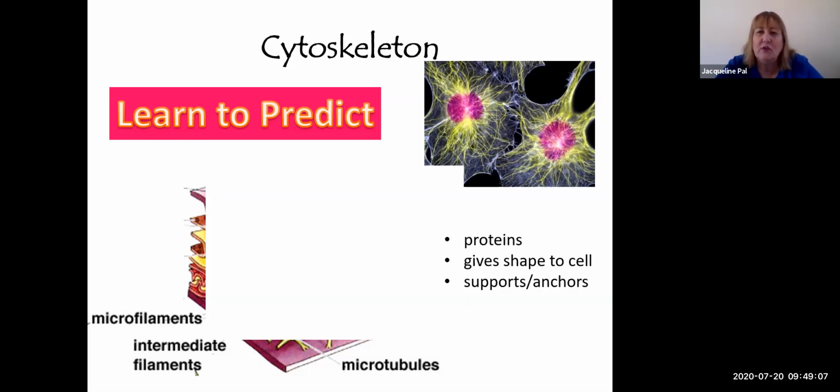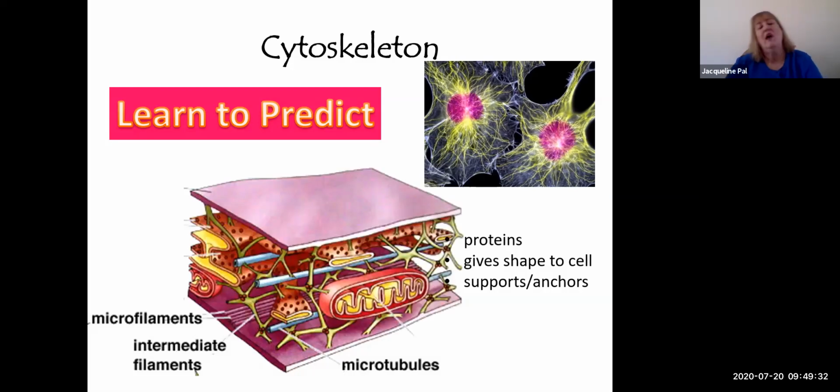What does tubule imply? What is a tube? It implies that it's hollow, right? Which means it has to be bigger than a filament. A filament implies that something's pretty small. So even though tubule has the prefix micro in front of it, a microtubule is going to be bigger than an intermediate filament. So all of these exist in our cells.